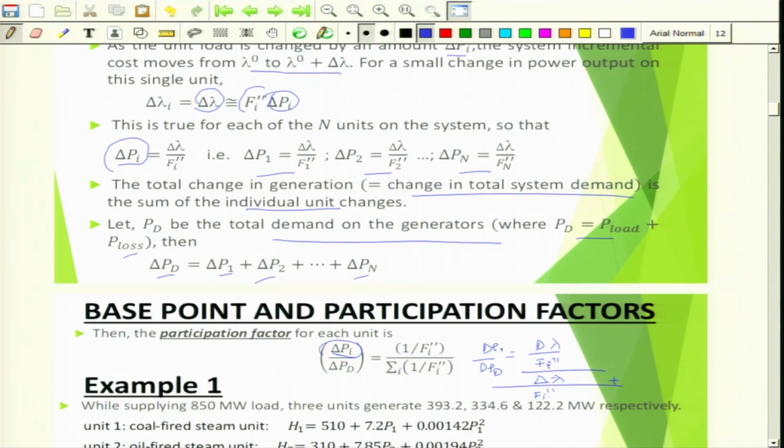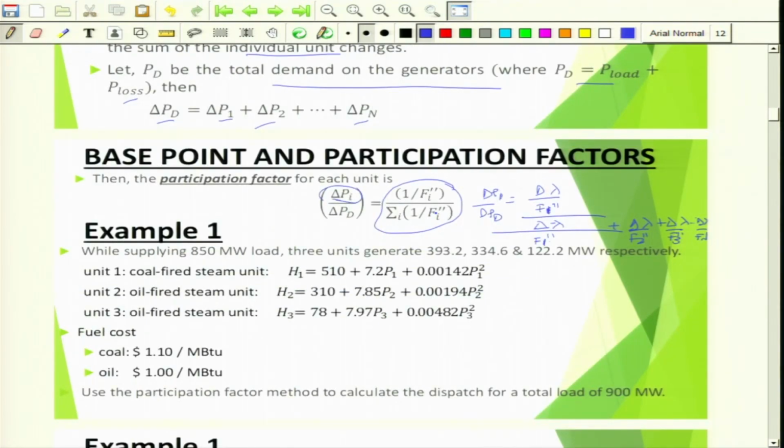Let us say you are finding delta P1 by delta PD, you will get delta lambda by F1 double dash divided by delta lambda by F1 double dash plus delta lambda by F2 double dash plus delta lambda by F3 double dash, and similarly up to delta lambda by Fn double dash. So you take delta lambda common. Ultimately you will get 1 by Fi double dash divided by the summation of 1 by Fi double dash. Very simple mathematics.